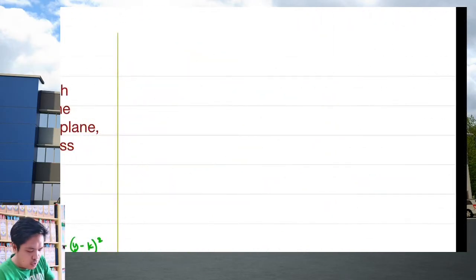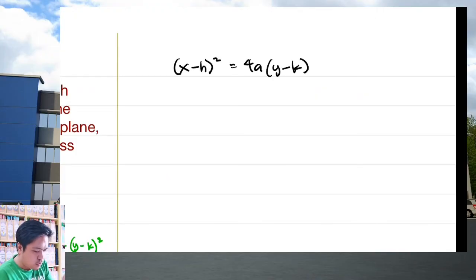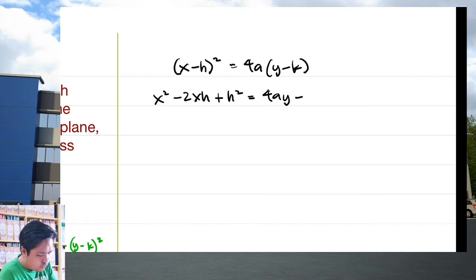Now let's take this first, x minus h squared equal to 4a times y minus k. If we expand it, then arrange it into an implicit function in x and y, it would become like this. So x squared minus 2xh or 2hx plus h squared, that would be 4ay minus 4ak.